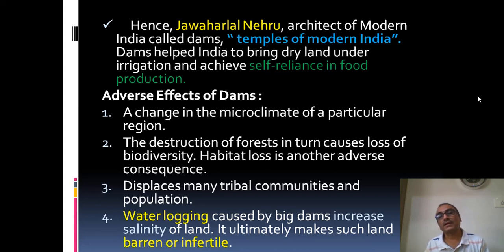That does not allow the roots of the plants to get enough oxygen, and that is how the plants may die out. Not only that, waterlogging also increases the salinity of the land, making that land unfit for the growth of plants. But these problems can be very well managed by proper scientific methods.